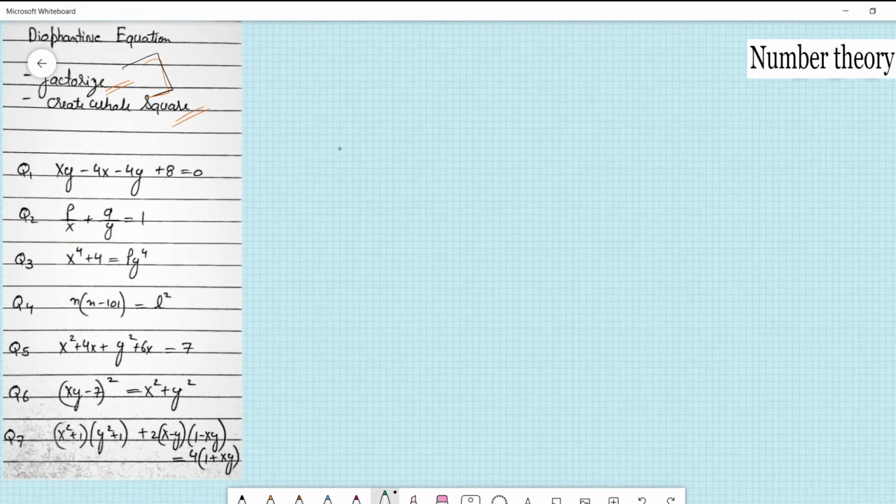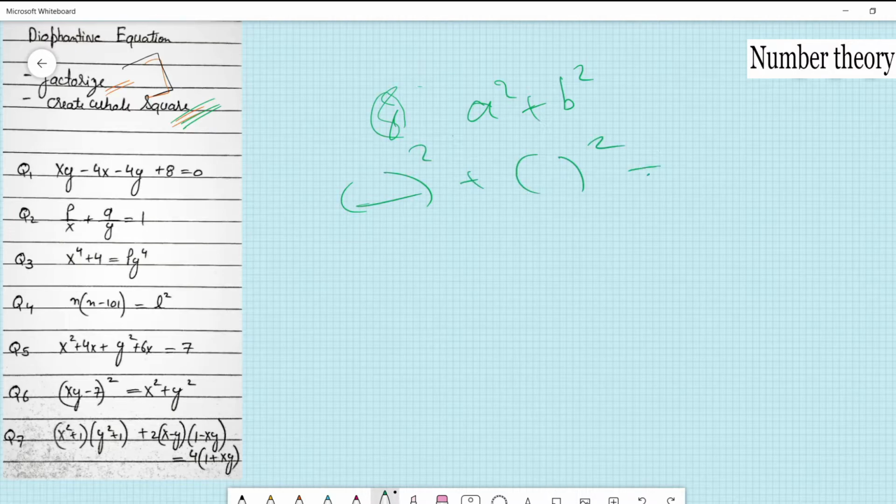Now let's see how this creating squares method will work out. Again I'm just writing a square plus b square, but actually we're going to get a long term whole square plus another whole square, something like that. For simplicity I'm only taking a and b.